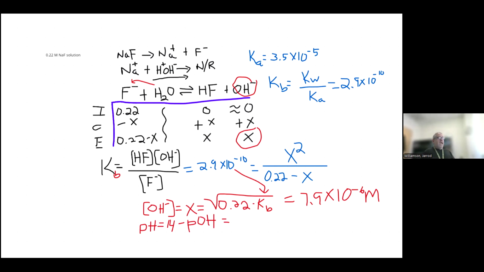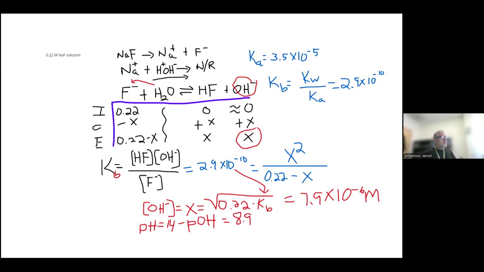That gives me a pOH of 5.1. And so I get a pH of basically 8.90, which is the correct answer for this problem.